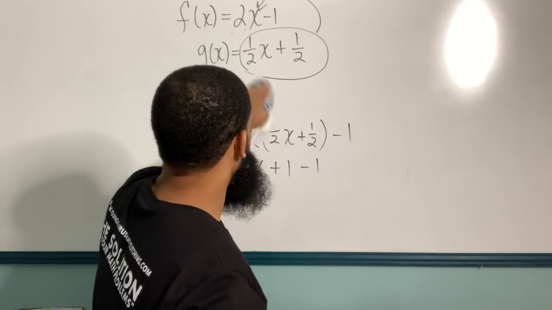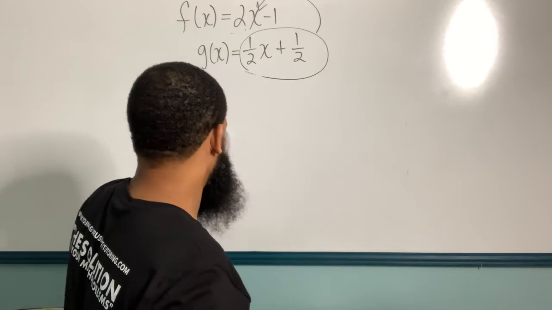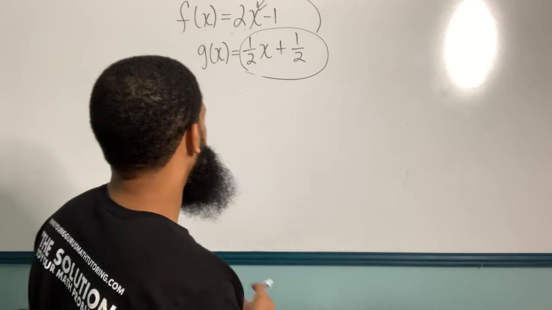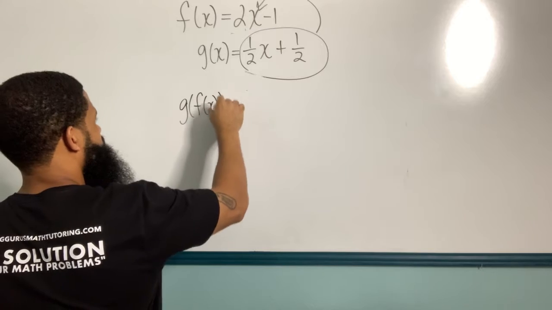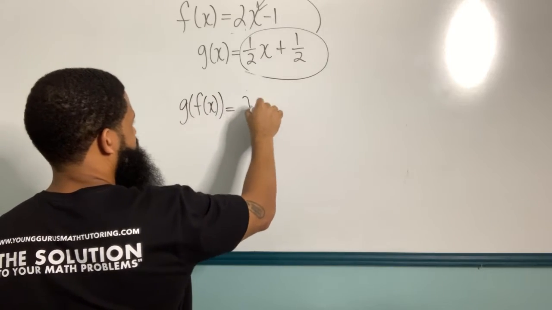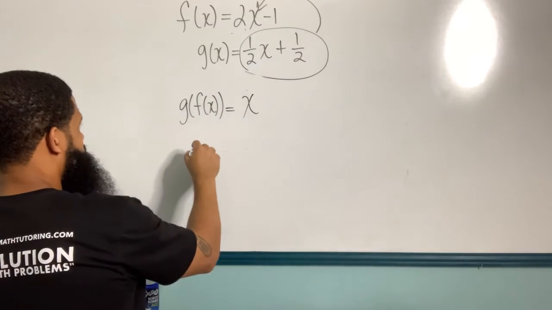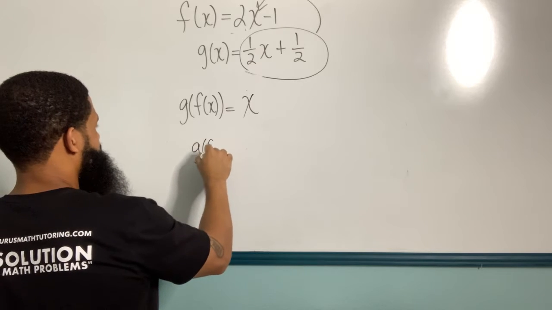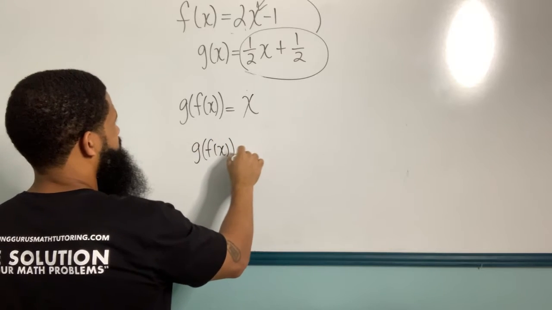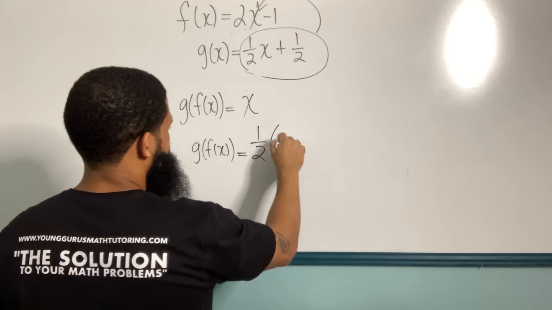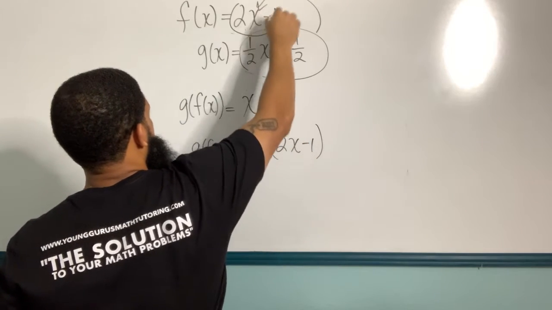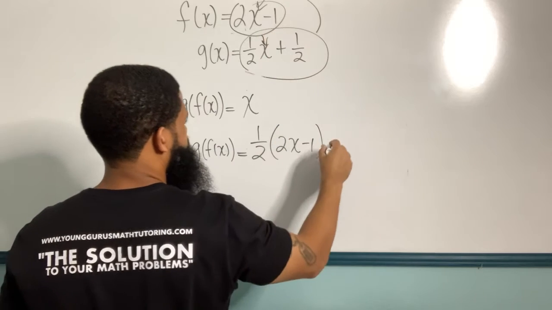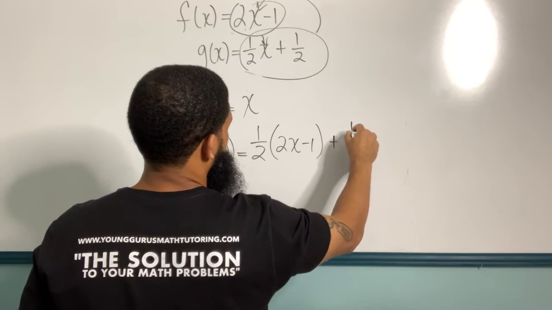Now I can do the same thing. I could say g of f of x, and I should still get the same thing. So let's do g of f of x. I should get x, right? Well, g of f of x is equal to 1/2 times 2x minus 1, I just substituted this here, plus 1/2.